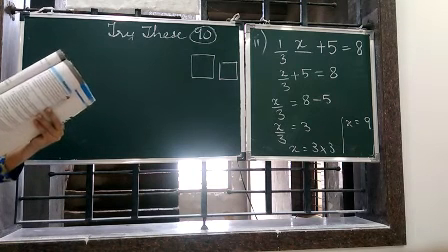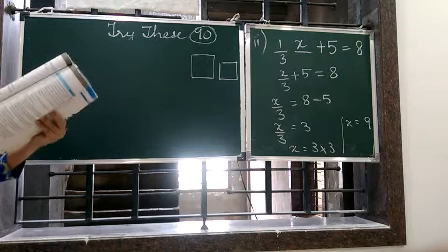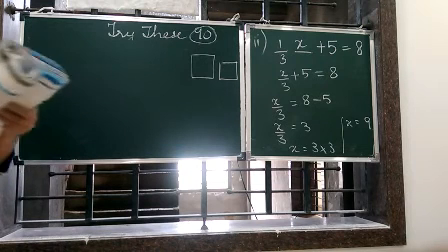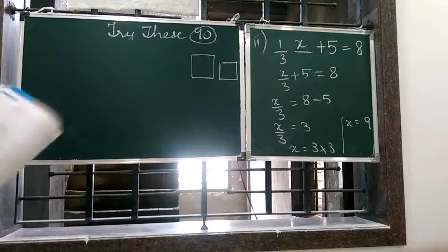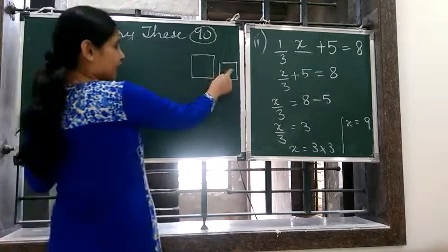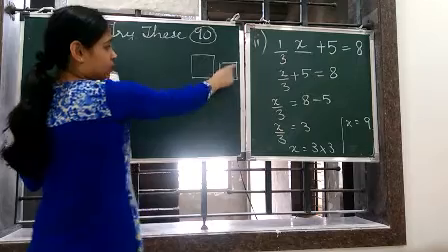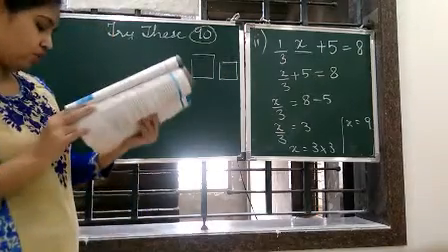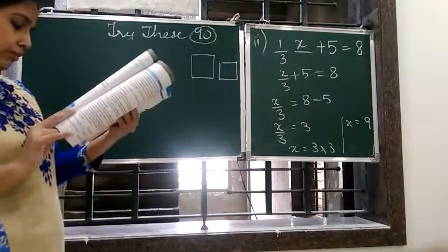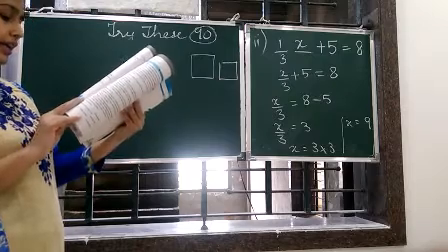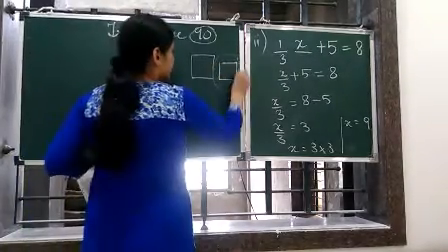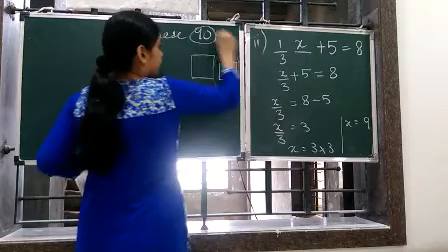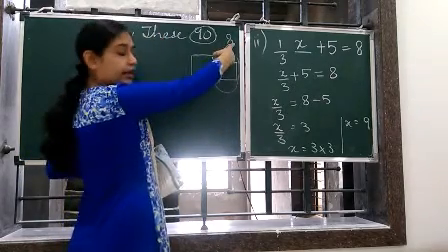Now each box of the larger type contains 4 more mangoes. It contains 4 more mangoes means this larger type is containing 4 extra mangoes than the smaller one. Smaller boxes are how many? 8.